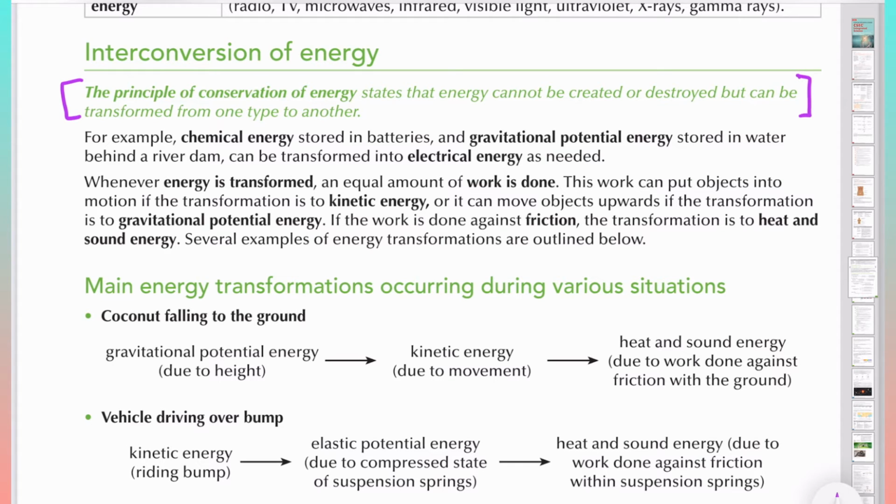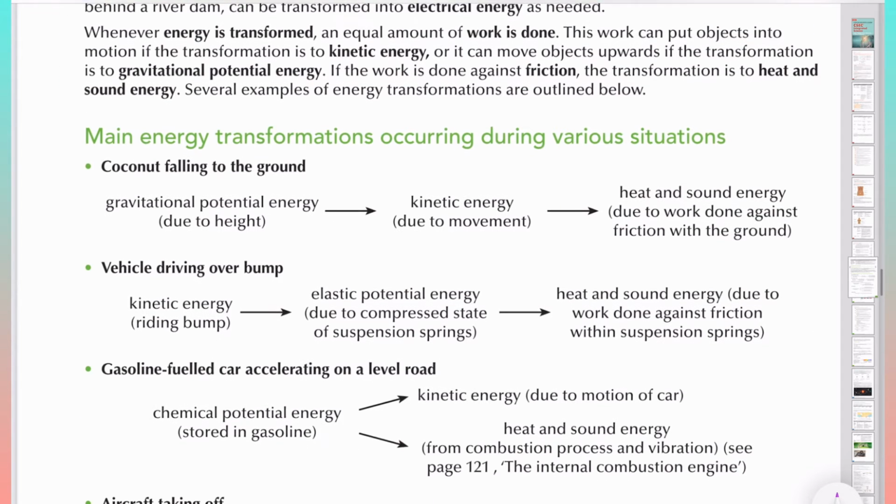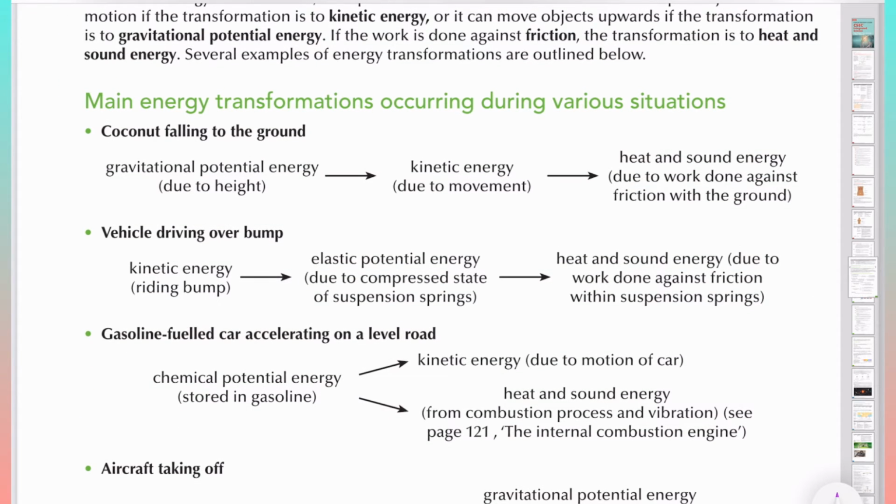Right, so there are some examples here that you can read through, and I would like you all to go through these. The coconut falling on the ground is the same concept as the tennis ball that I was talking about. It's going to start off having gravitational potential energy due to the height. And then as it starts moving towards the ground, it's going to be gaining kinetic energy.